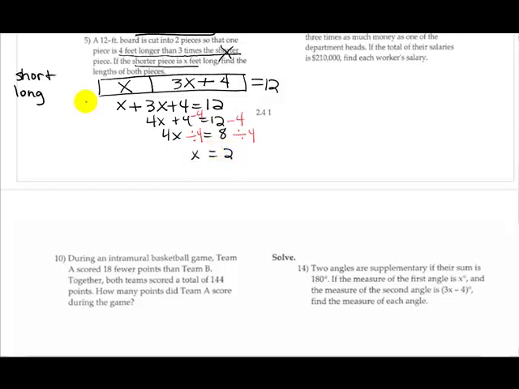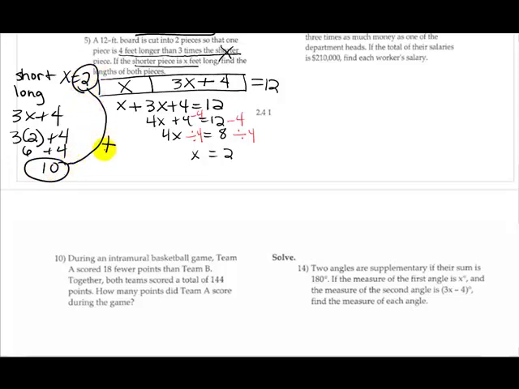Now we said the short piece was x, and x equals 2. The long piece is 3x plus 4. So if I take and put the 2 in there, then the long piece is 10, the short piece is 2, and when I take those two together and add them, I get the 12 feet that we started with.